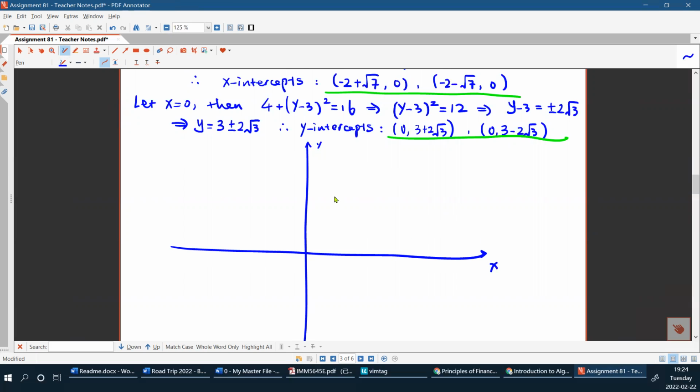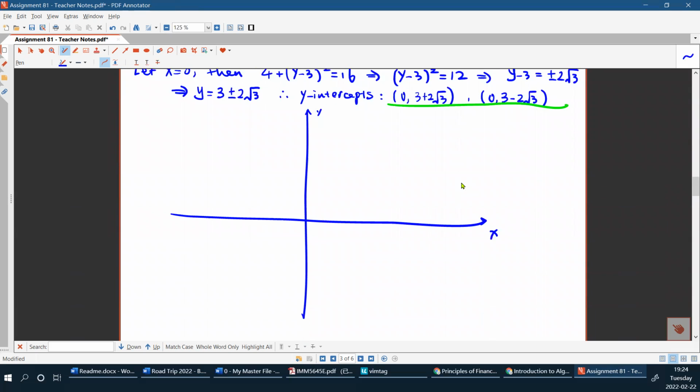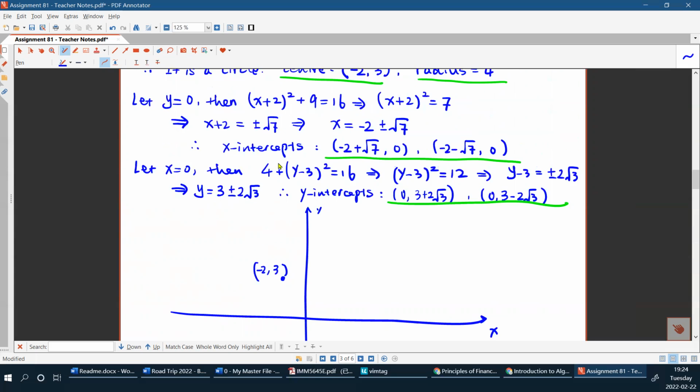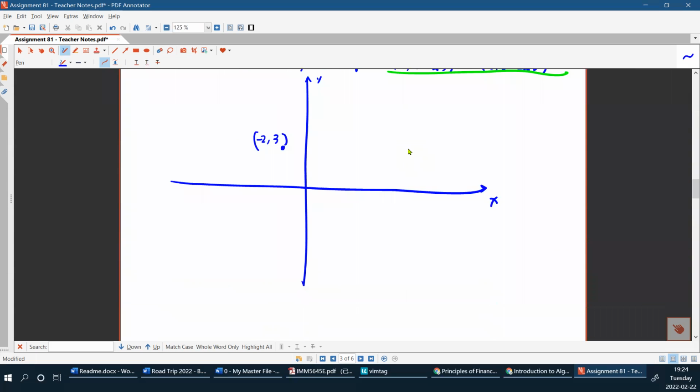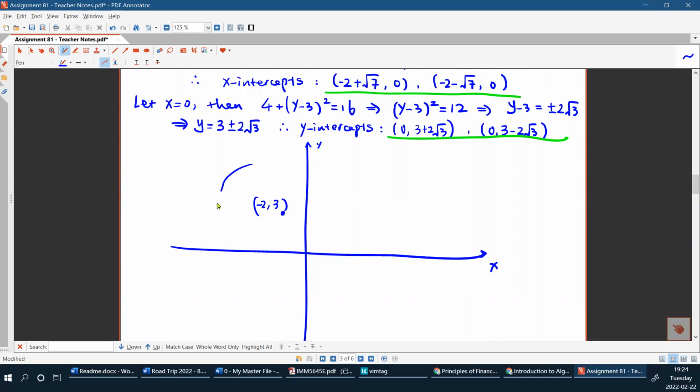First of all, the center. Center is (-2, 3), which is about here, right? (-2, 3). And radius is 4. So roughly it will have a shape like this.